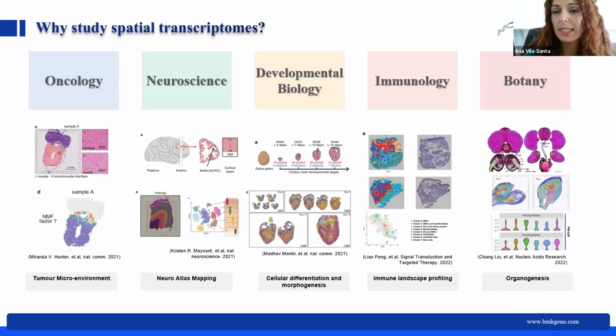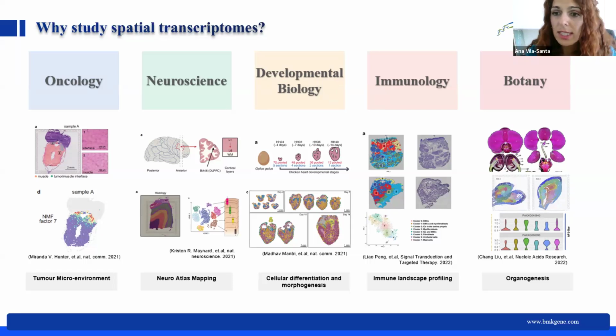In neuroscience, since the brain is an extremely complex tissue, it's very useful to use this kind of technology to create a neural atlas map, as in to find the transcriptional programs that are ongoing within the different areas of the brain. In developmental biology, this has been used to find cellular differentiation and morphogenesis processes that are ongoing during the different developmental stages.